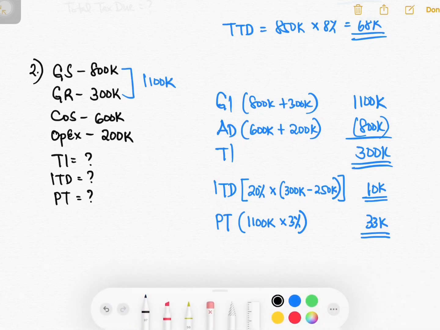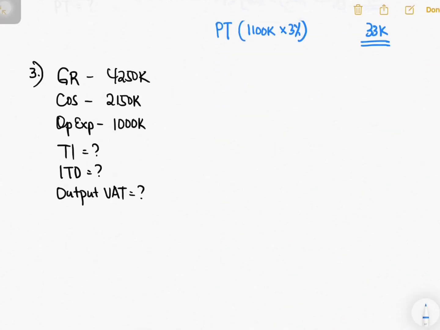Let's have another. Now try this one. You are given gross receipts of 4.25 million, cost of sales 2.15 million, operating expenses of 1 million, and you are tasked to compute the taxable income, income tax due, and then output VAT. Why output VAT? Because you exceeded the VAT threshold, so you will be paying value added tax. Now let's set the regular income tax model.